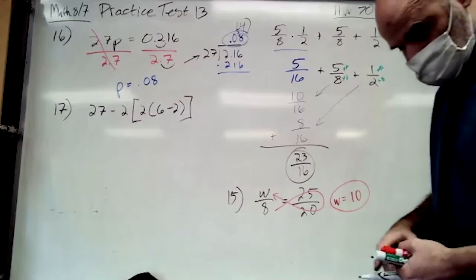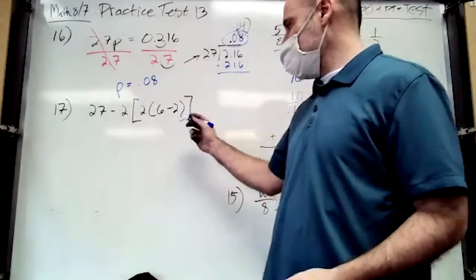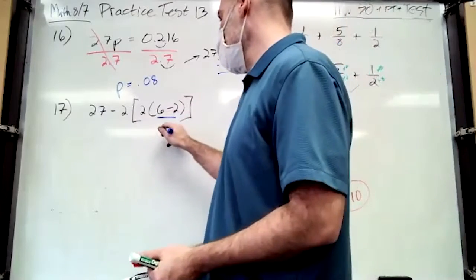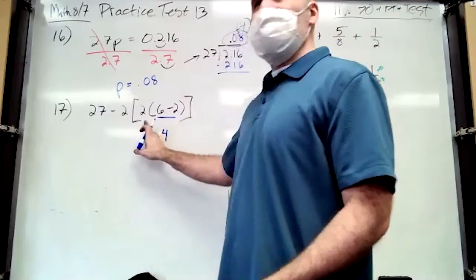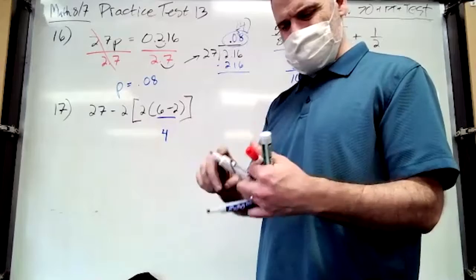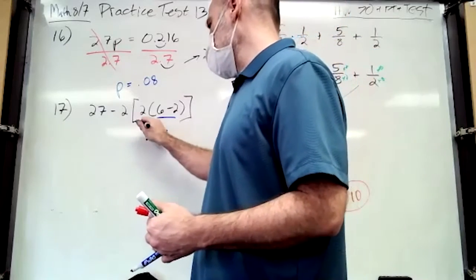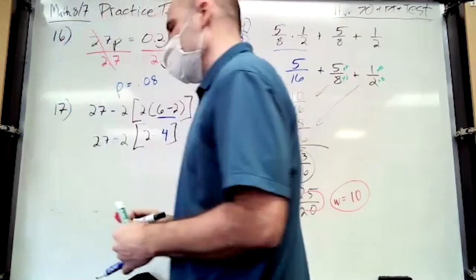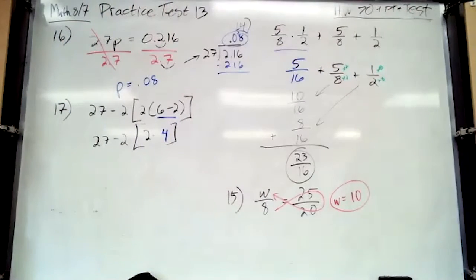What do you do first? Parentheses. Yeah, so there's parentheses inside of parentheses. What's 6 minus 2? What does it mean when the 2 is right next to a parenthesis? Multiply. So this is 2 times 4, still inside this bracket. Does anyone see the potential mistake yet? They do the subtraction before the multiplication. Yes. Don't subtract 27 minus 2. Classic 6th grader action right there.